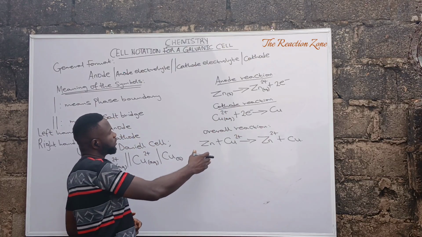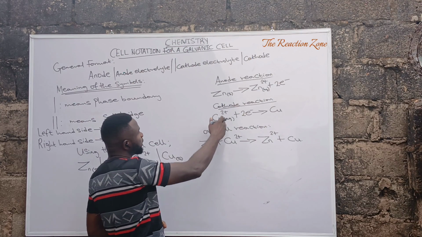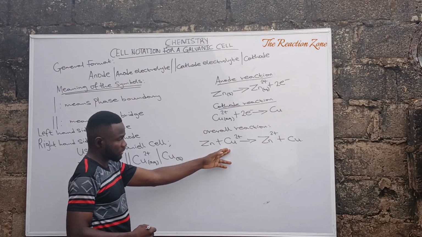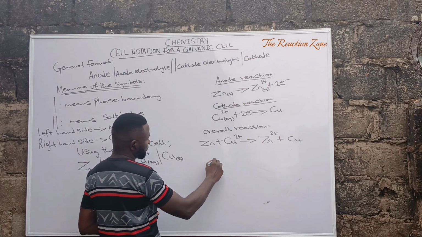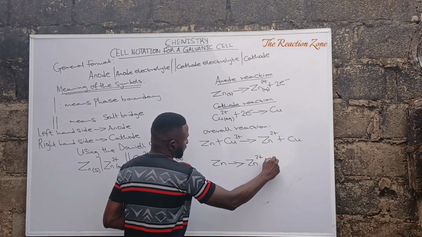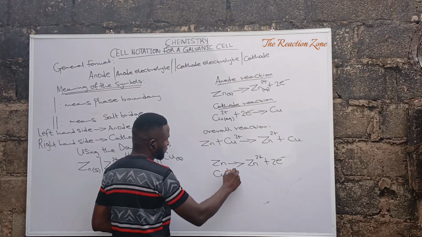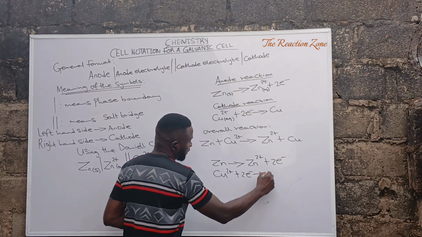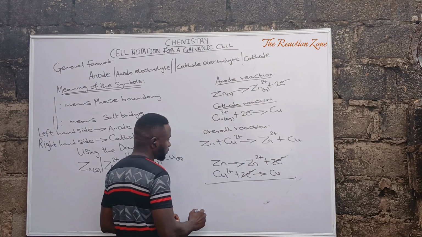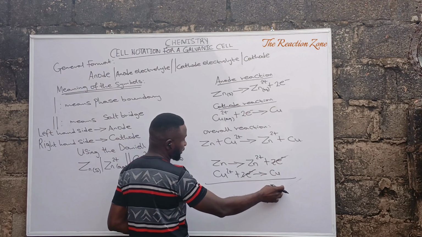Now, we can actually get the overall reaction for the Daniell cell by combining the anode and cathode reactions. And that is going to give us this. Now, to show you how we got this, if this is the reaction at the anode, and this is the reaction at the cathode, what happens is that the electrons will cancel out, and then you write what is on the left hand side together and what is on the right hand side together.